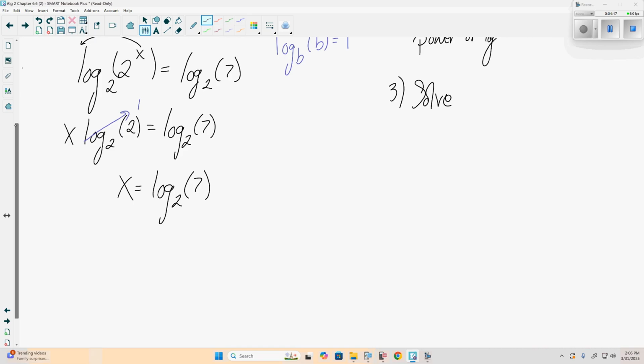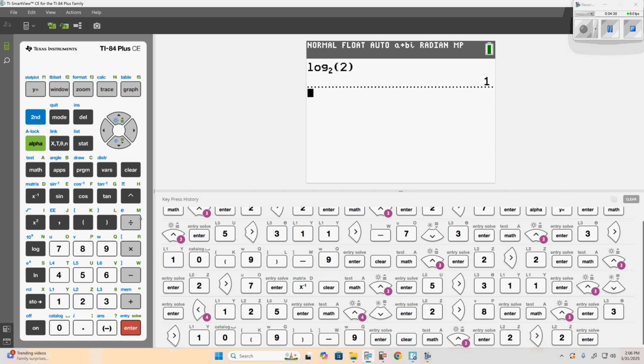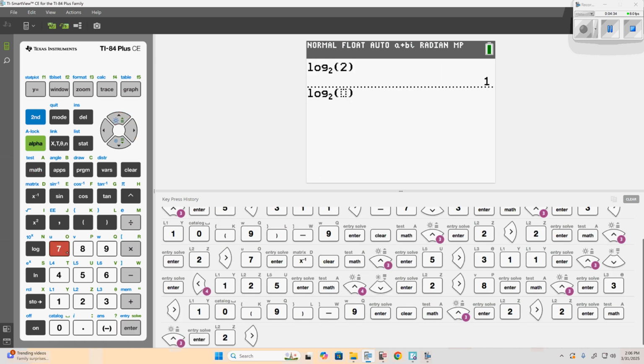Solve for x. Yeah, so that is the answer. Now we can get the approximate answer because we can grab the calculator, go math, log base 2 of 7 is 2.807.